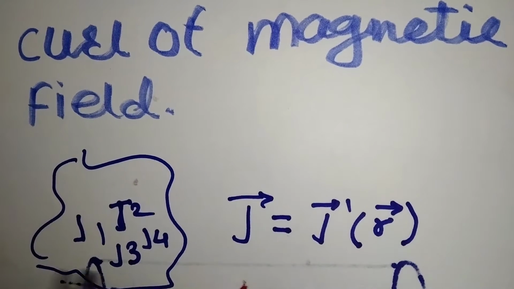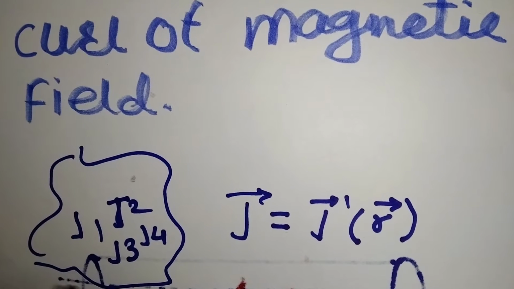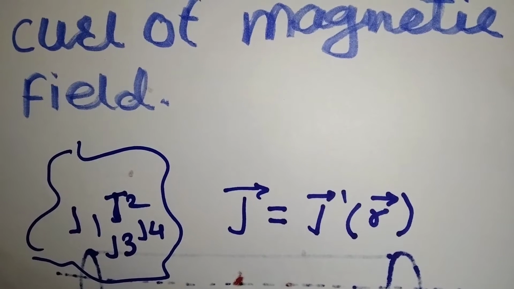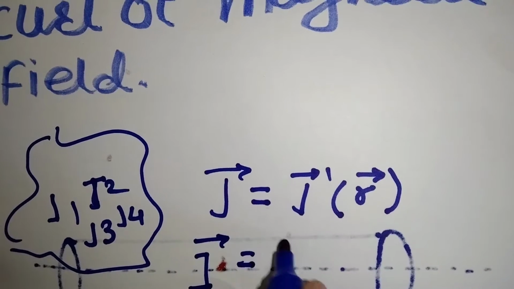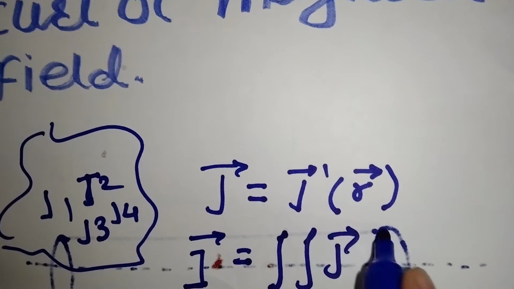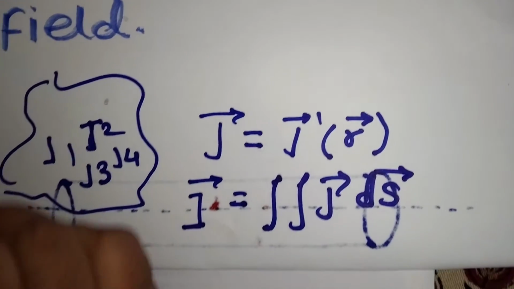Let C be the closed curve. In this region, the total current through the surface enclosed by the curve is I bar equal to the integration of J bar dot ds bar.